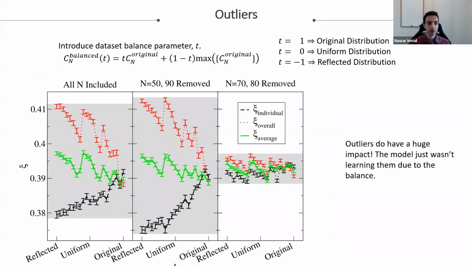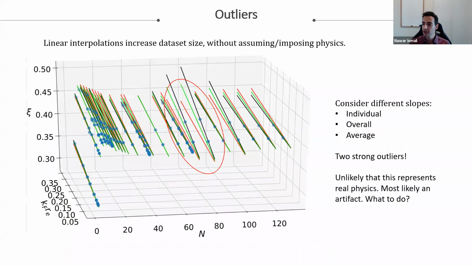So to investigate what's going on, we looked at introducing what's coined the dataset balance parameter. What we're doing here is looking at the distribution, and we see that there are lots of points at low n, not too many at high n, and so there's a much higher emphasis on the data set at low n.